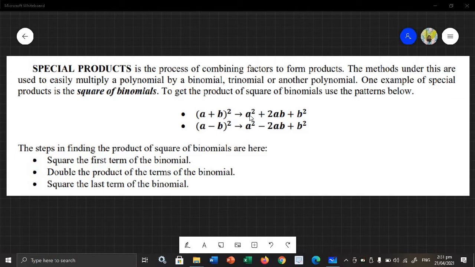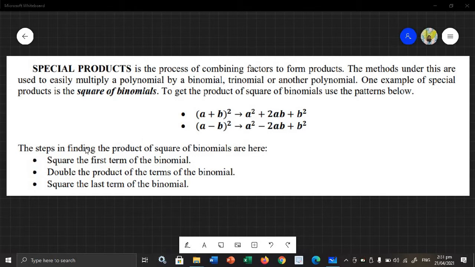It will become a squared plus 2ab plus b raised to the second power. And then, if the given is like this naman, let's say we have quantity a minus b squared, the product will be a squared minus 2ab plus b raised to the second power, or b squared.